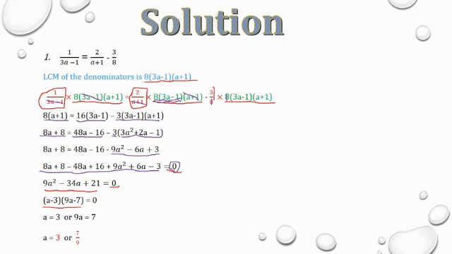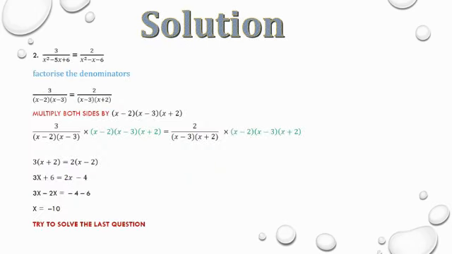So if we equate a minus 3 to 0, our a will become 3. And if we equate 9a minus 7 to 0, our a becomes 7 over 9. So this is how you solve your algebraic fraction equations.